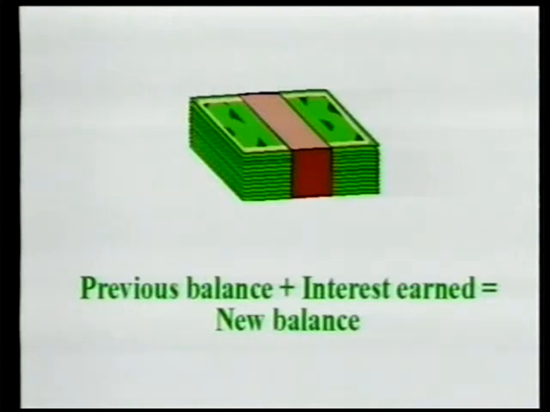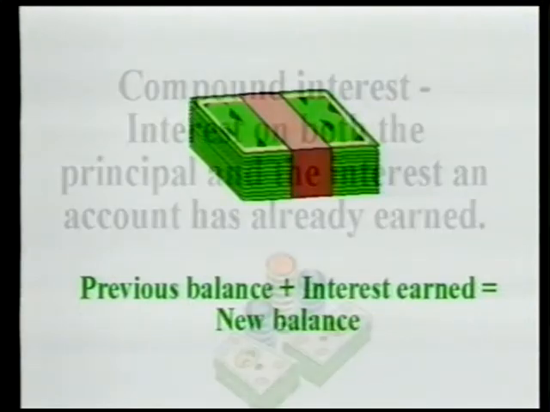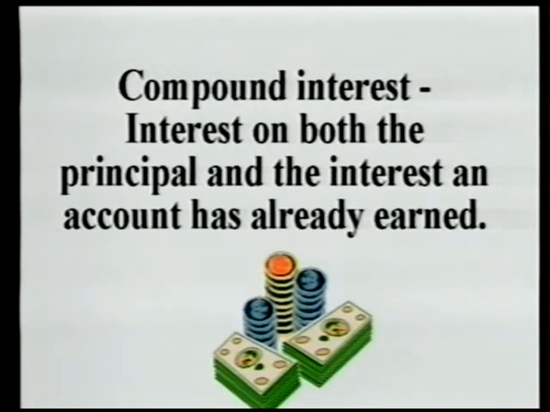Now, notice that the interest is added to the balance. This is called compound interest. Compound interest is the interest on both the principal, the initial money invested, and the interest an account has already earned.